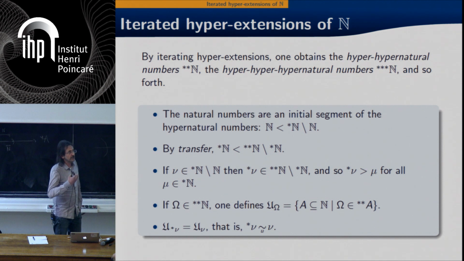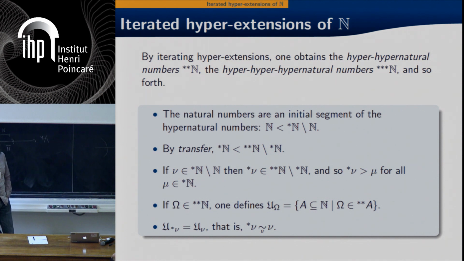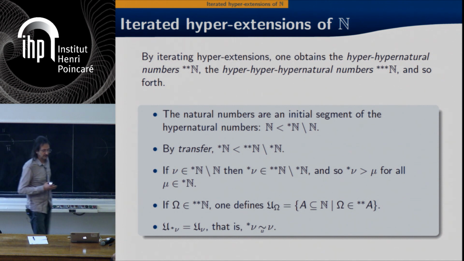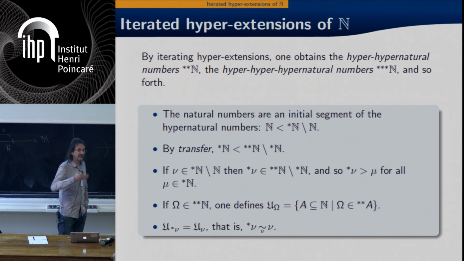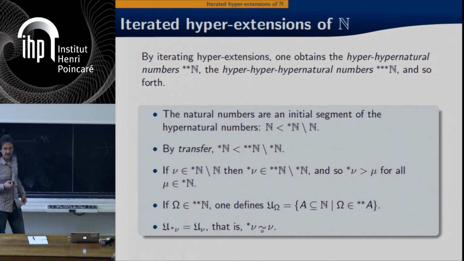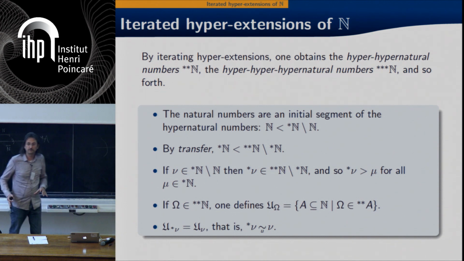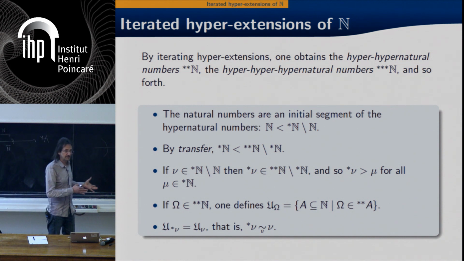Now, let me mention an additional thing that we will be using, and this is tricky to many. It takes some little time to get used to it, but one can iterate this non-standard extension. And this fact of iterating the non-standard extension has applications, as we will show. So we have the natural numbers, and the natural numbers are an initial segment of the hypernatural numbers.